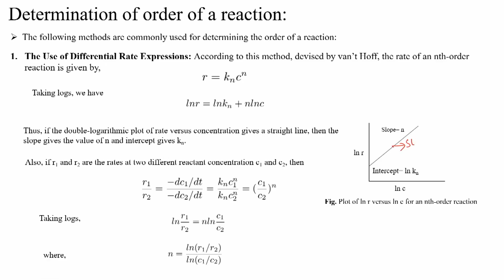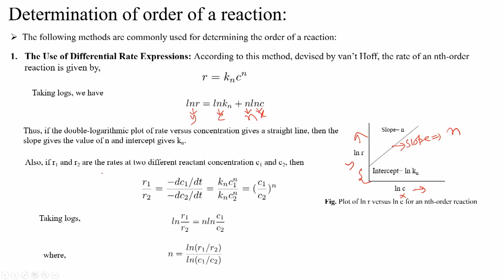Slope gives n, and the intercept gives ln Kn, because this is y, this is c, this is m and this is x. So, if we plot y versus x, from the slope we get the value of n, the order of the reaction. So, the slope gives the value of n and the intercept gives Kn.